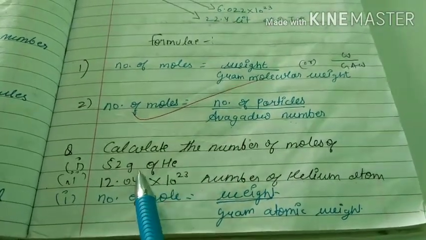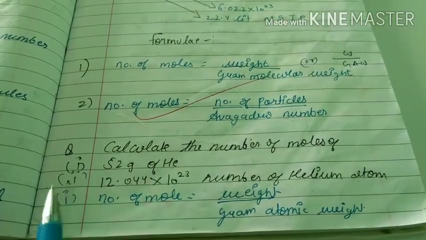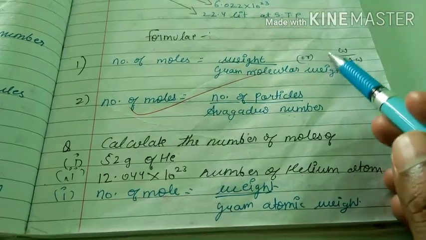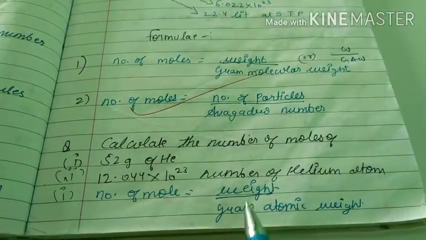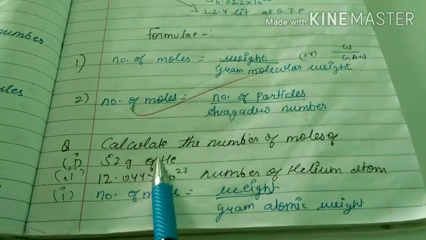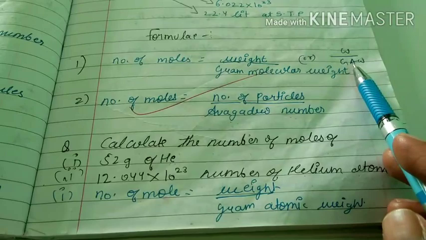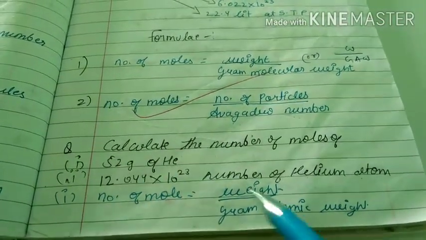In the first bit, 52 grams of helium. Helium is an atom, not a molecule, so we have to use this formula: number of moles equal to weight by gram atomic weight. For the first bit, weight is 52 by gram atomic weight.